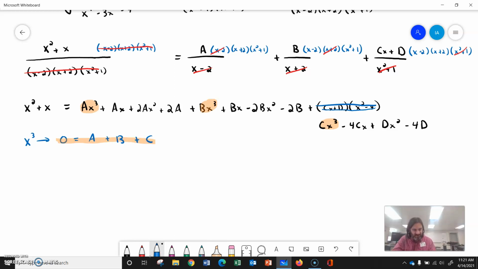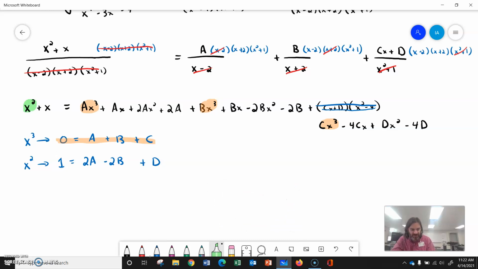So let's keep going. X squared. We have one of those on the left. So that'll be equal to 2a minus 2b plus d. So there's not a cx squared? I guess there's not. So let's use a different color here.